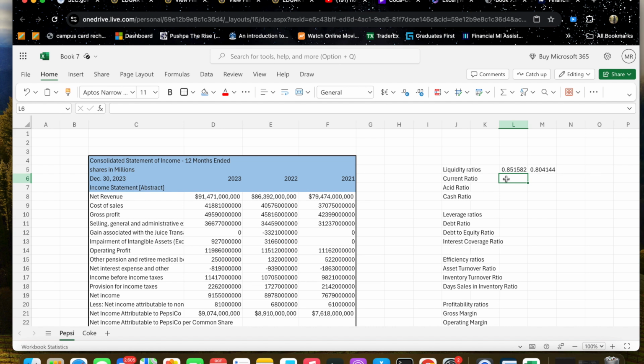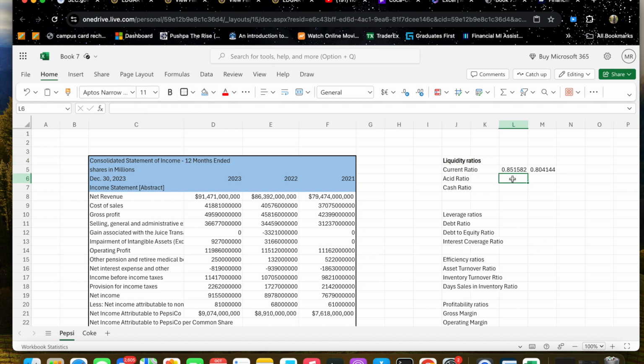So here you can see the current ratio for the year 2023 and the year 2022, which is 0.85 for 2023 and 0.80 for 2022.